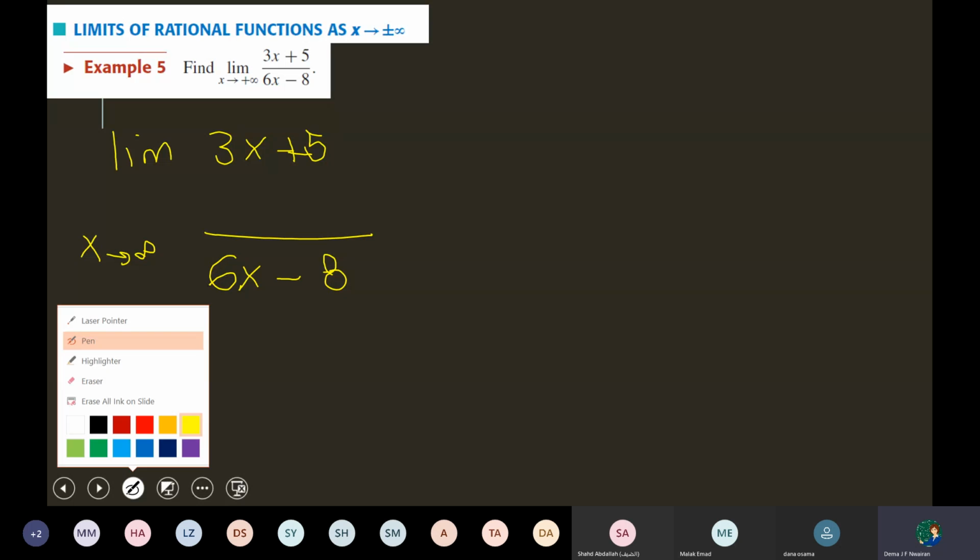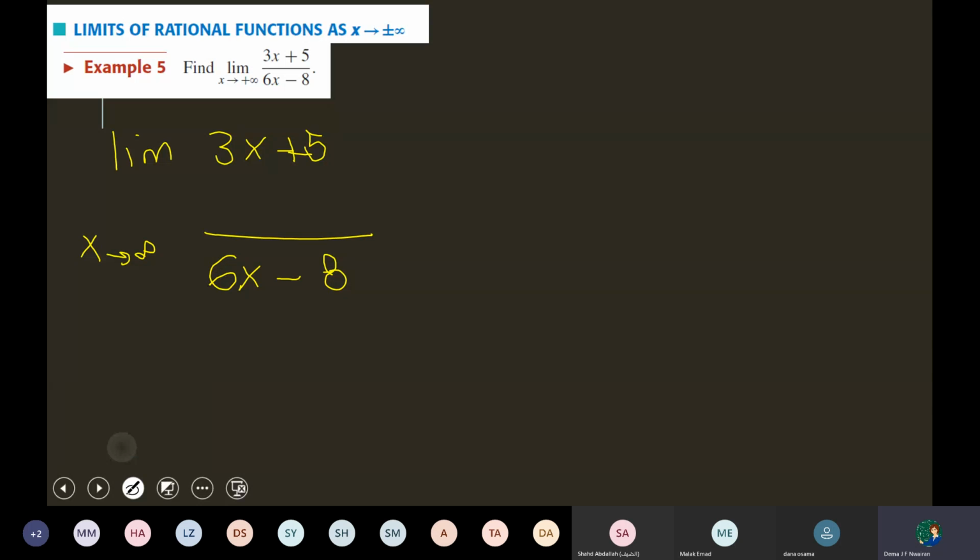What is the highest power here? We said it is x. So I will divide each term by x. Is it clear now?